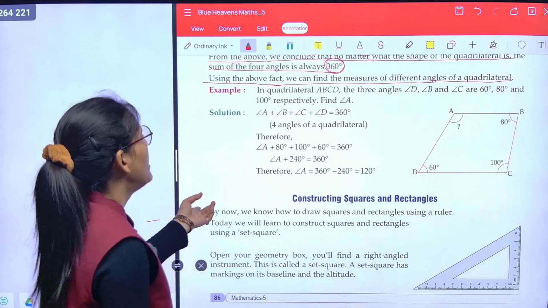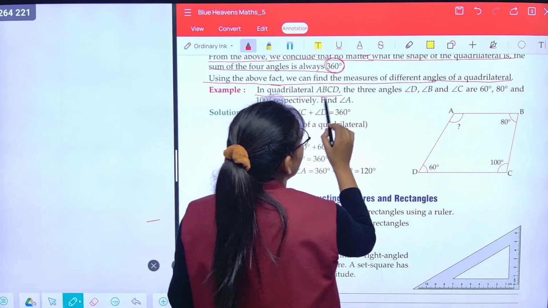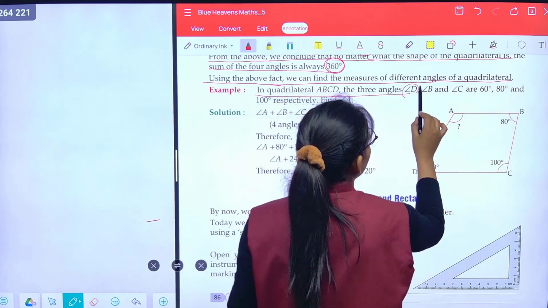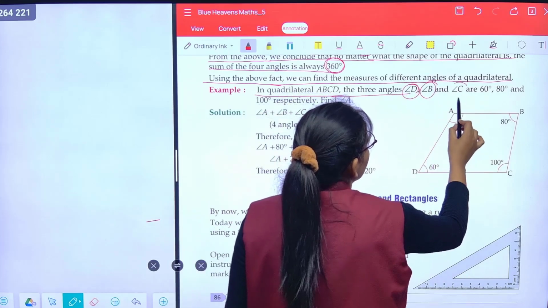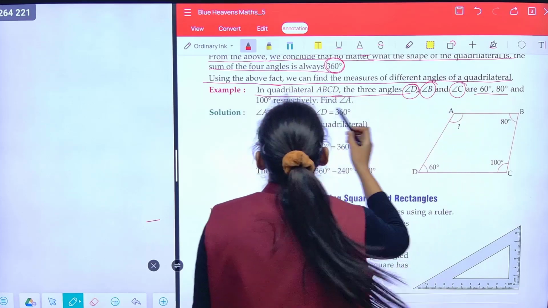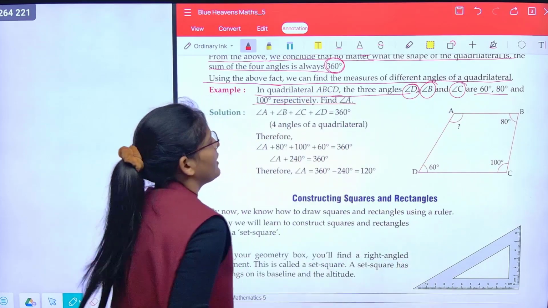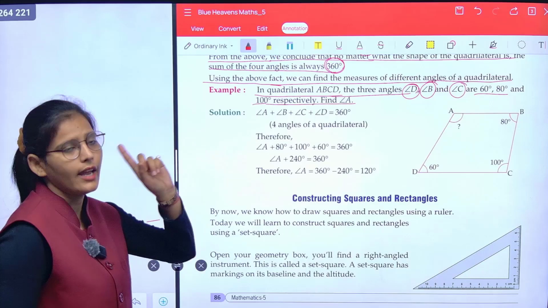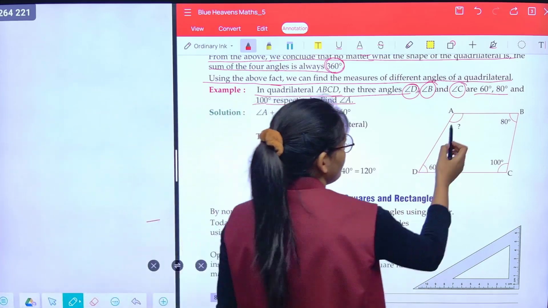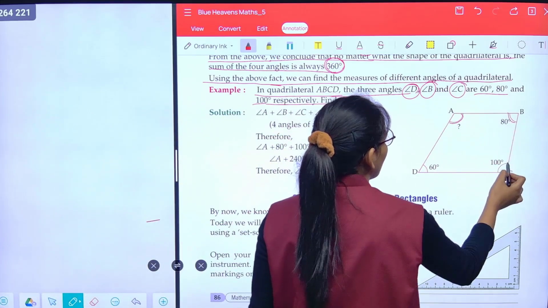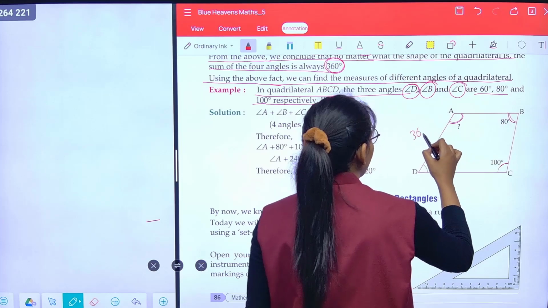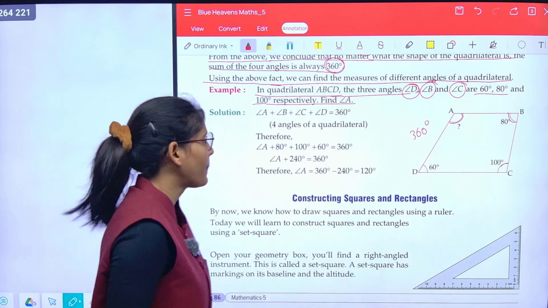Class, see the example. In quadrilateral ABCD, the three angles, angle D, angle B, angle C, are 60, 80 and 100 respectively. Find angle A. Thus we know that a quadrilateral has 360 degree.